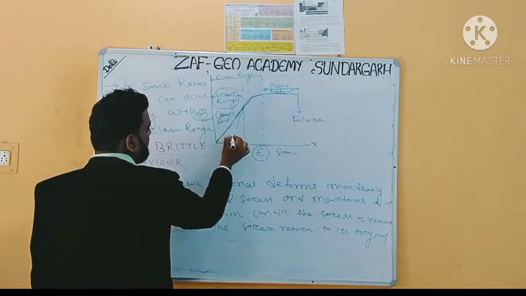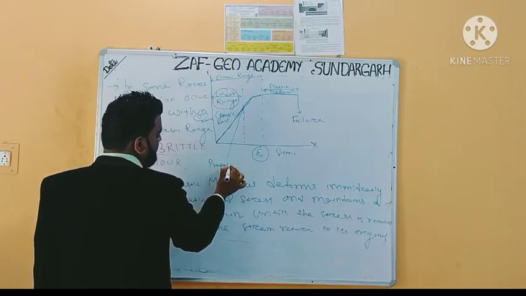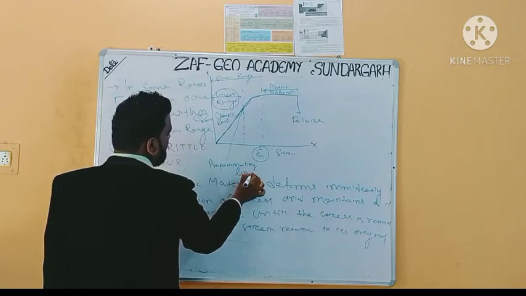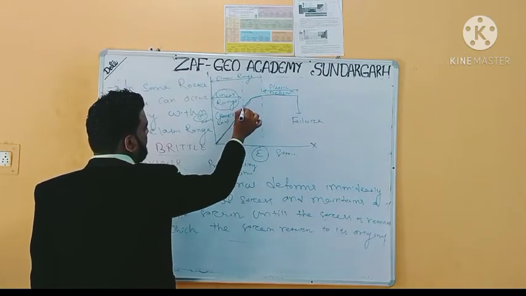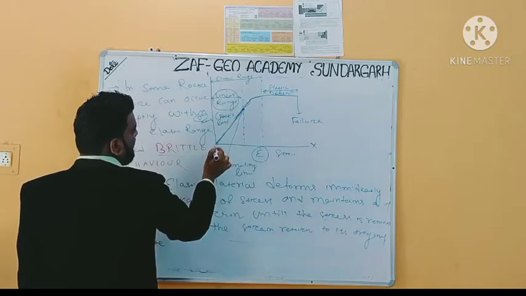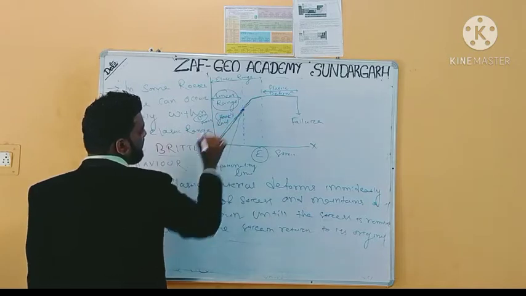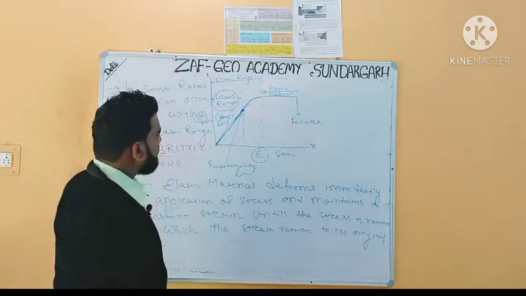I am writing here, proportionality limit. So from here to here is a linear range, and this point is called the proportionality limit. Up to this point Hooke's law is valid, and beyond this point, Hooke's law is no longer valid.